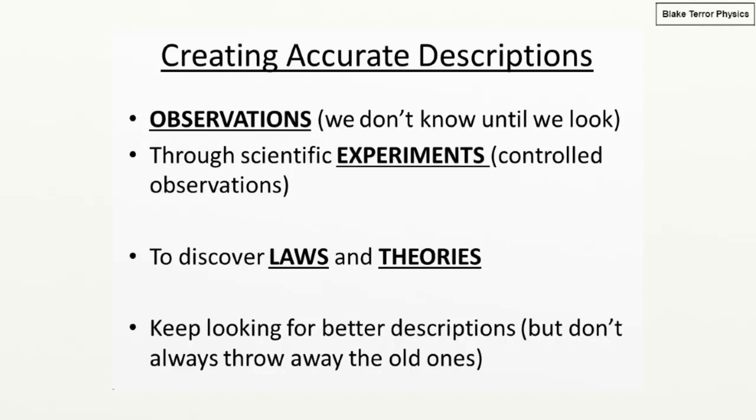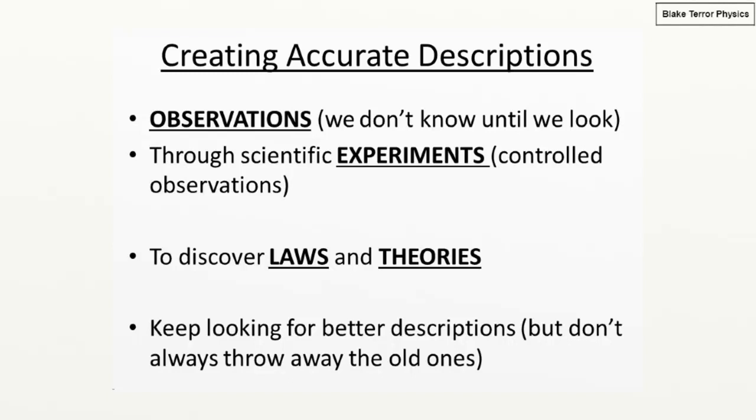And this brings us on to a very, very important thing that often confuses people when they're learning physics. Just because you find something that breaks a law or a theory, and then a new theory is developed which is more accurate, that doesn't necessarily mean that the old theory is useless.